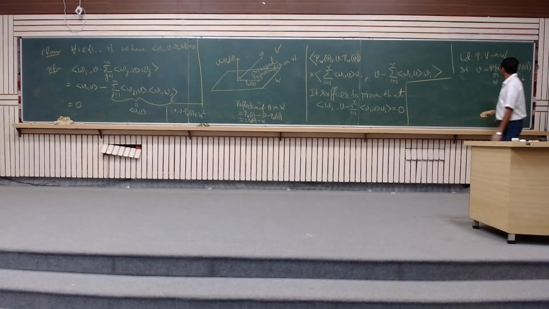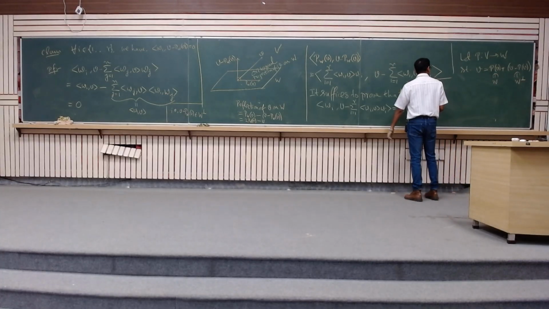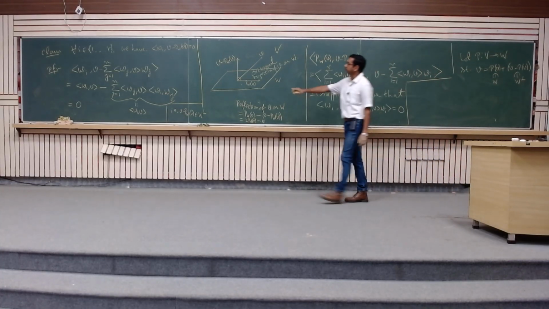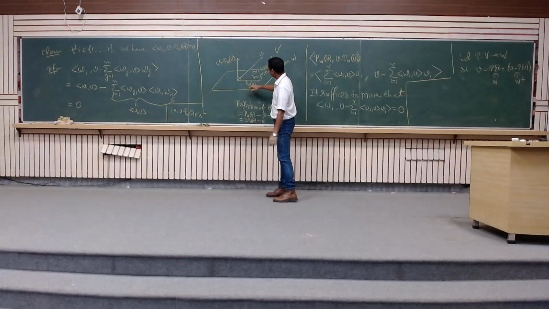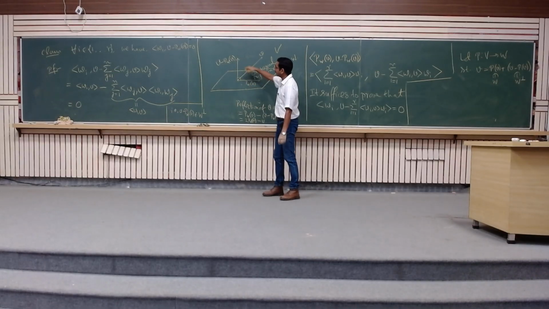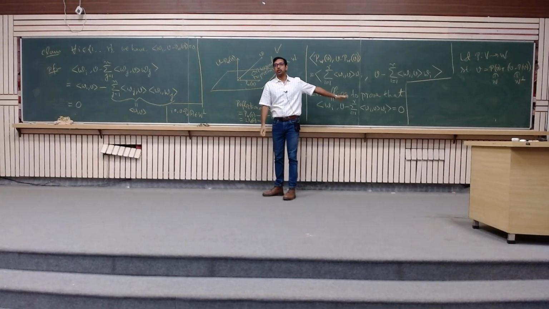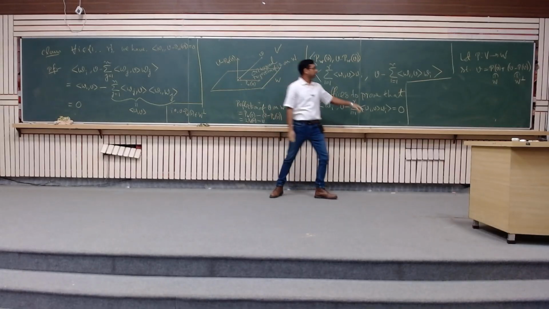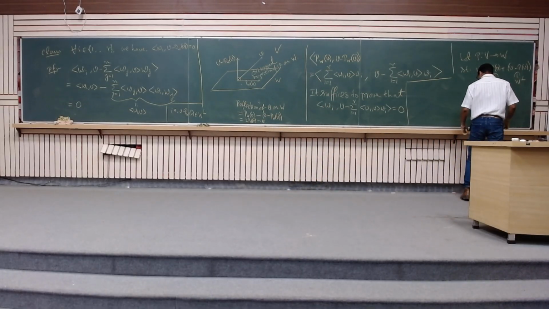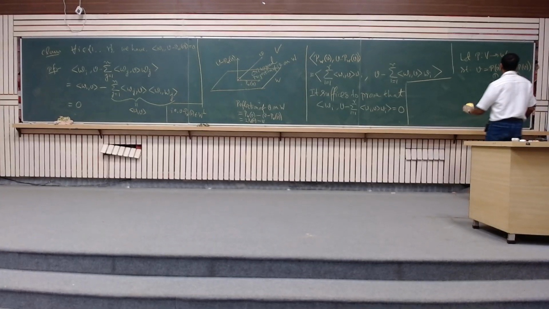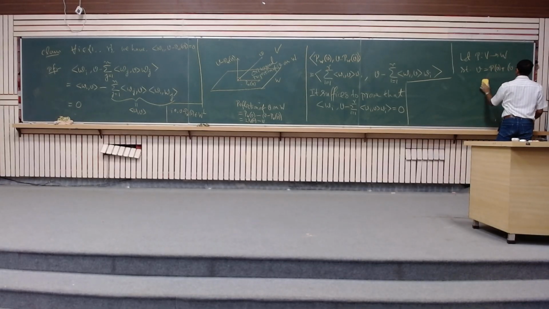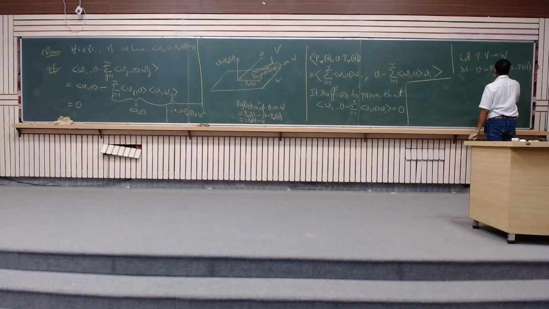So, in other words, this is giving you a decomposition of V into, call this V1 dash, maybe that will be an easier notation. This is V1 dash, this is V2 dash, this is in W and this is in W perp.